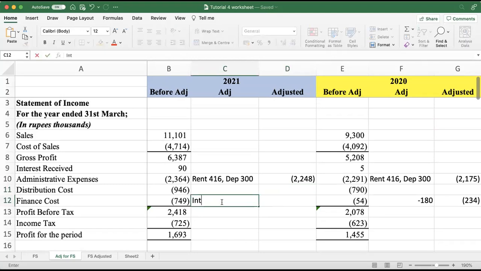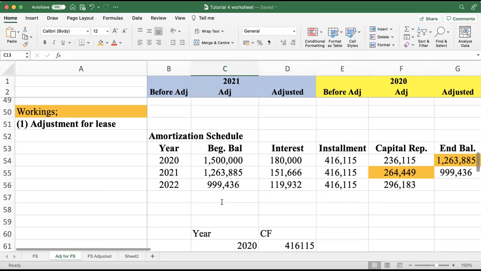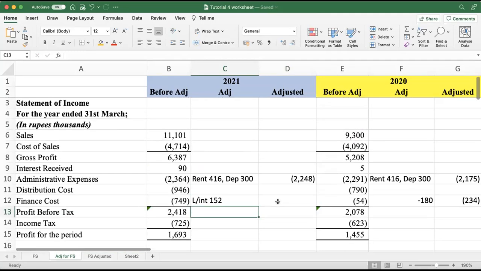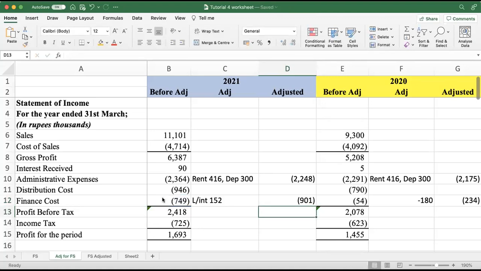Lease interest 152. So you have to add to the finance cost. Then finance cost increases to 901.